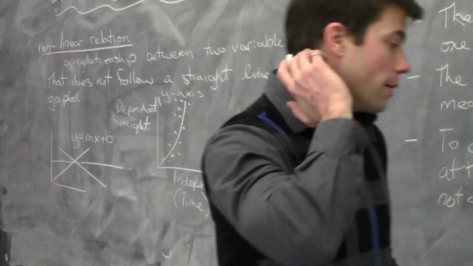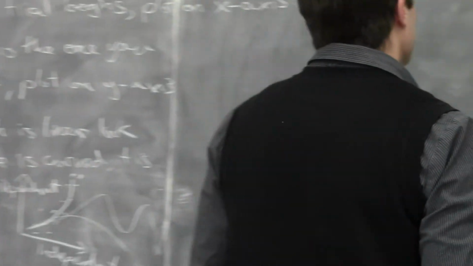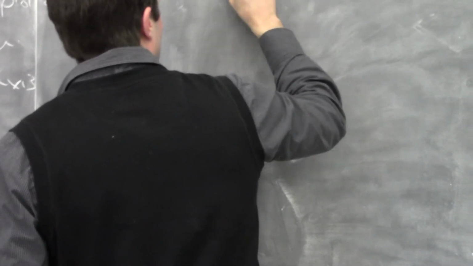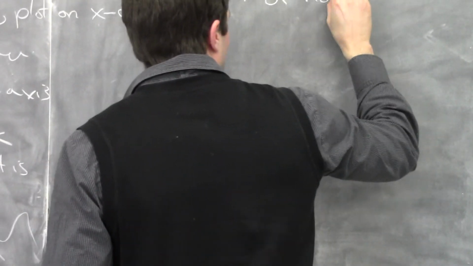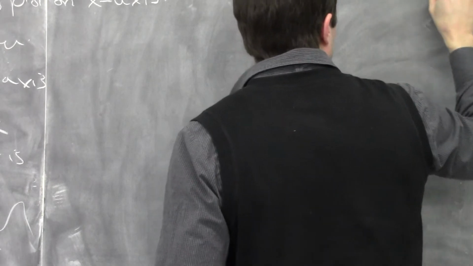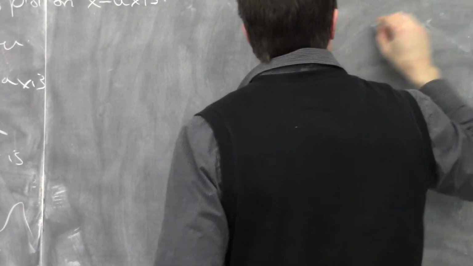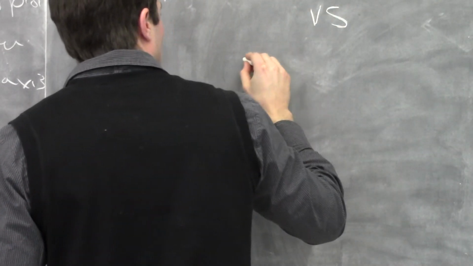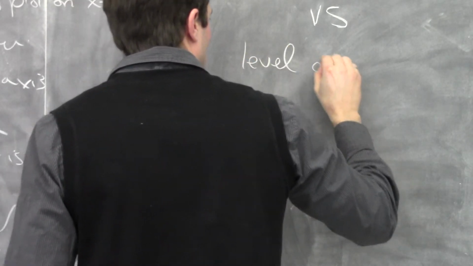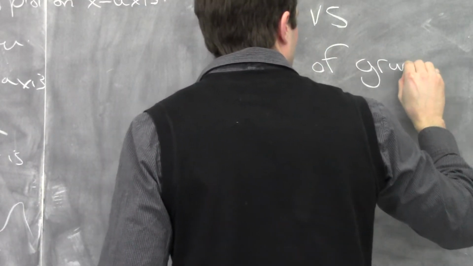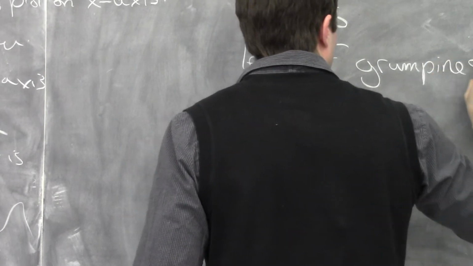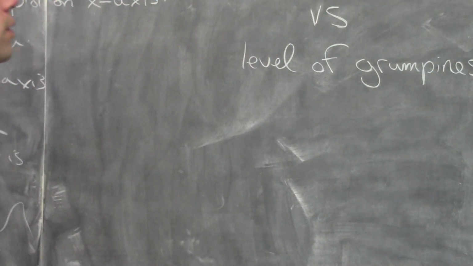Let's think of another example of dependent versus independent. How about the number of hours that you've had sleep versus what level of grumpiness you are?